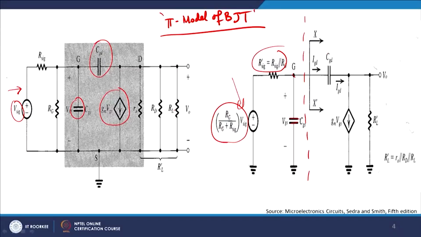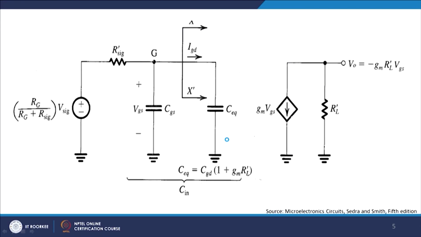So, if you look at the pi model, looking from this side, it's quite an interesting summation that when you are doing a high frequency modeling, or when you are doing a low frequency modeling, CGD will come into picture, CGS will come into picture, and therefore they will change the output characteristics of the device, right. Now, if you look very carefully, this is the input voltage which you see.